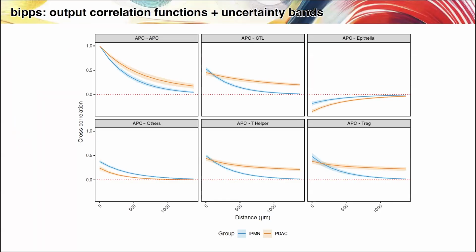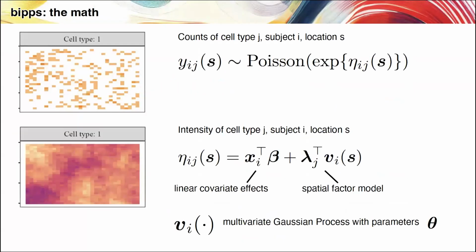The other thing that you can choose here is, so this is a spatial factor model, meaning that if you have, say, 12 cell types, you can choose from 1 to 12 spatial factors, and that's a choice. In the software, we are asking the user to choose that.